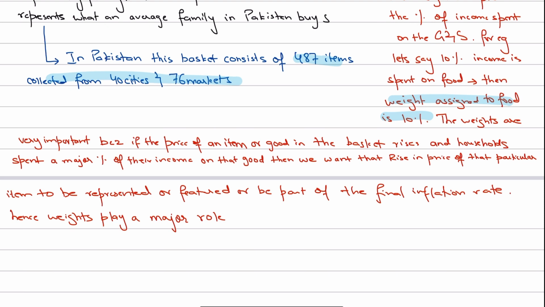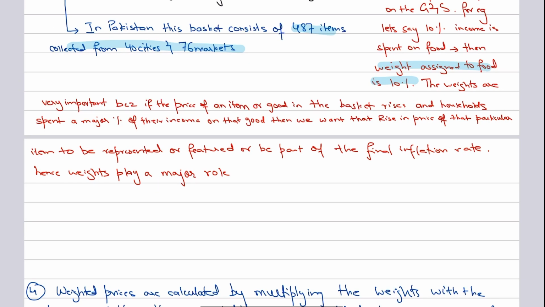So if the price of fuel goes up, we would want the increase in the price of fuel to be reflected in the inflation rate. That is why fuel would be given a higher percentage, higher importance, more weightage, right? Because we would want that increase in price to be represented in the final inflation rate.